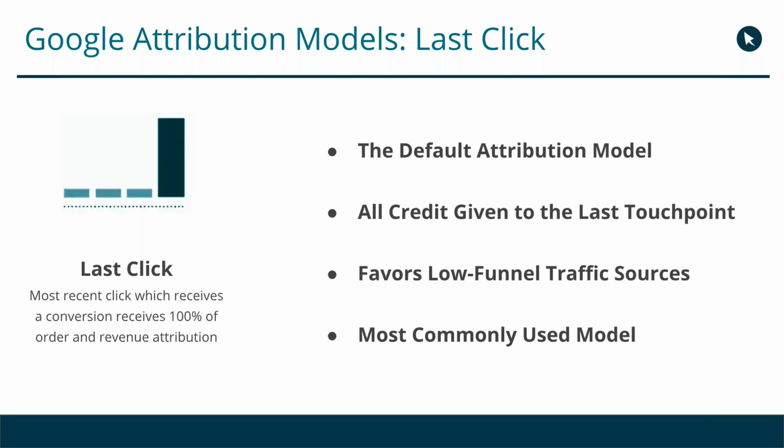They click on a Google Shopping ad, and then they go back to Nick's website, and then ultimately, a few days later, they remember the name of the website, so they search it, but they don't spell it properly. They click on one of our branded text ads, they go to the website, and they make a purchase. That credit is all going to go to the brand text ad campaign because it was the last interaction in the customer journey. And so last click would give all the credit to that last click, last interaction.